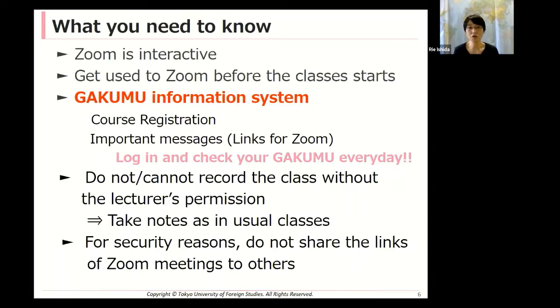Basically, the teachers are recording the class for such purposes. So in case you had some trouble with the internet connection during the class or had some issues that prohibited you from attending the class, let the teacher know and ask for his or her support in that situation, okay?